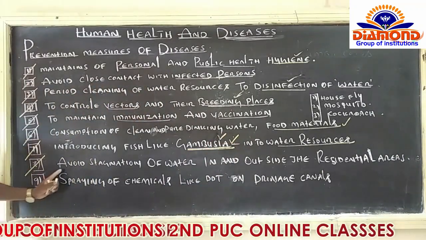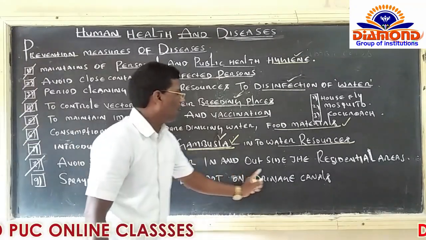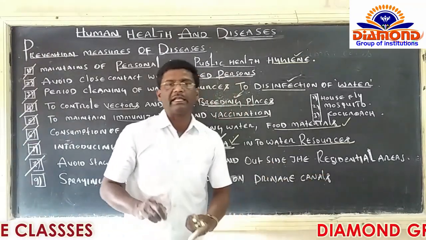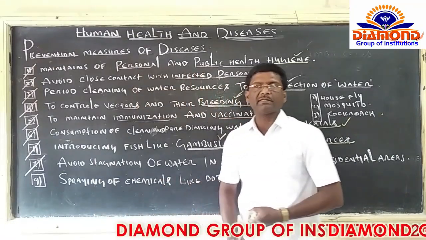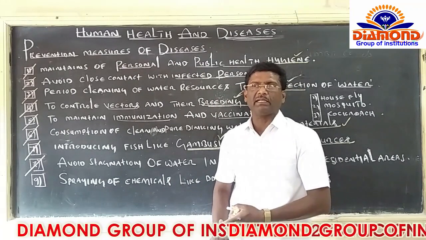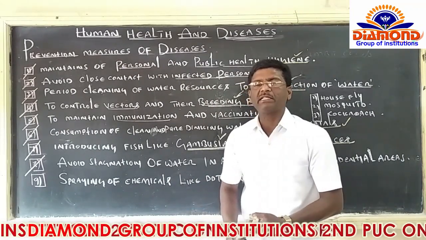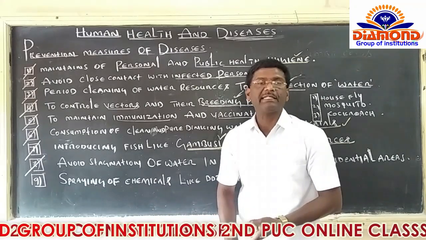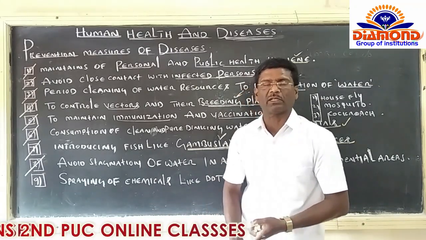And point number 8, avoid stagnation of water in and outside the residential areas. In some areas, people use water and right after using it, release it just outside their home. No sanitation facilities are present for the drainage water.